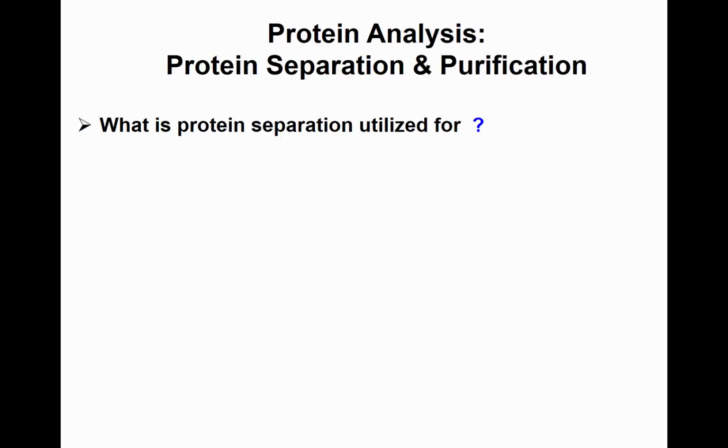Good. But if you have a food matrix, why would you want to isolate the protein out of that? To produce isolates or concentrates, ingredients. Protein ingredients are used in so many different applications. So protein separation and isolation is important in industry for production of protein ingredients.